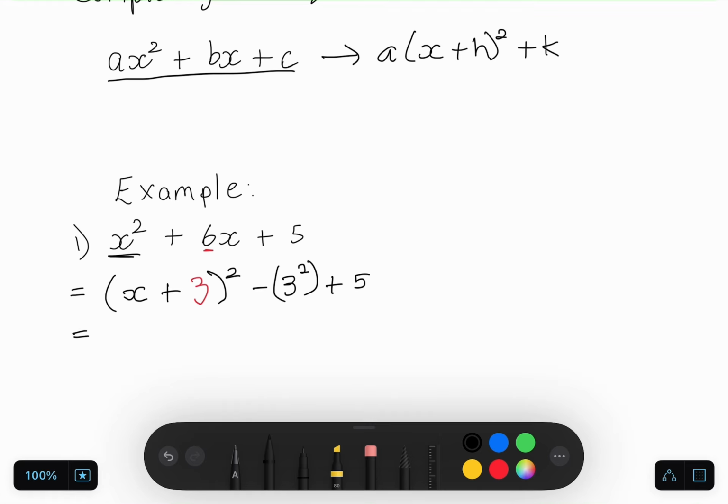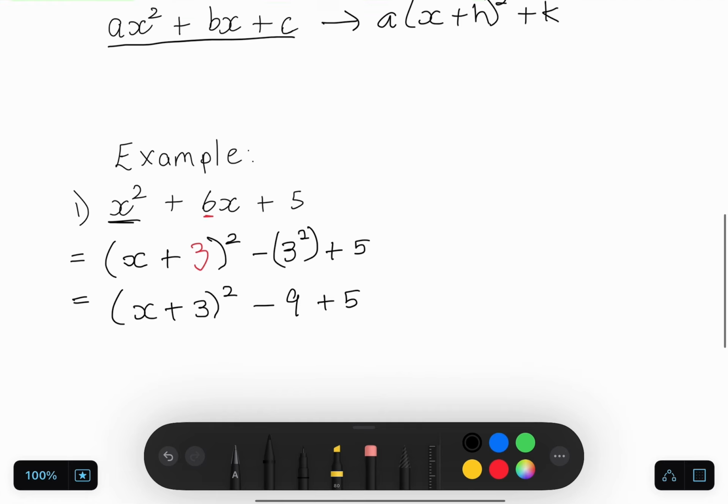So this would be (x + 3) squared, minus 3 squared is 9, so minus 9 plus 5. And this will give us (x + 3) squared, minus 9 plus 5 is minus 4.